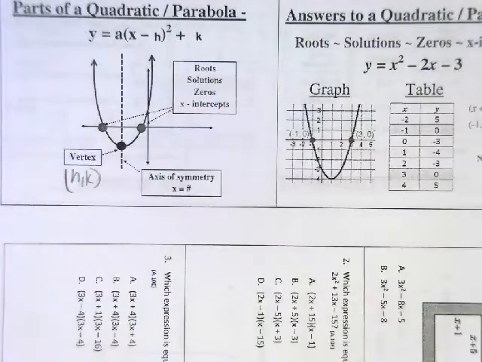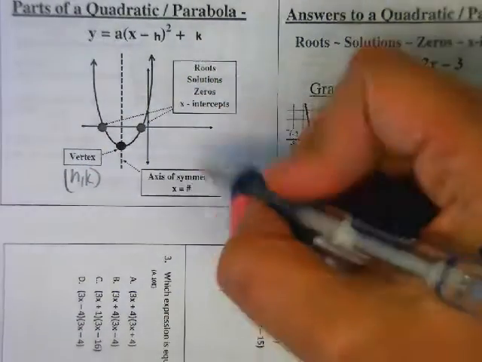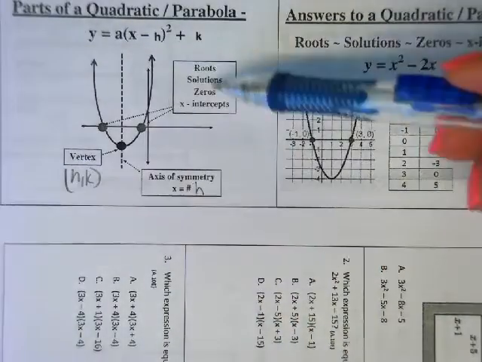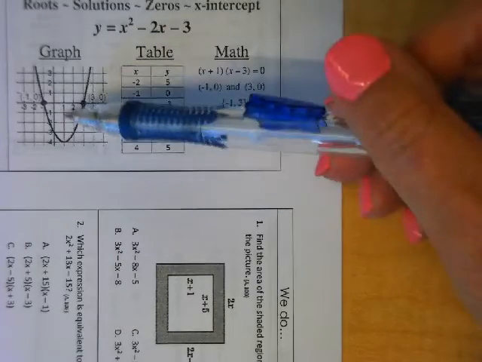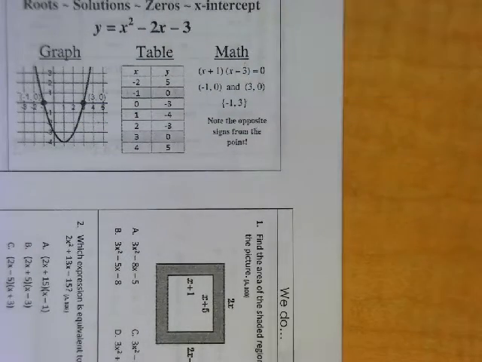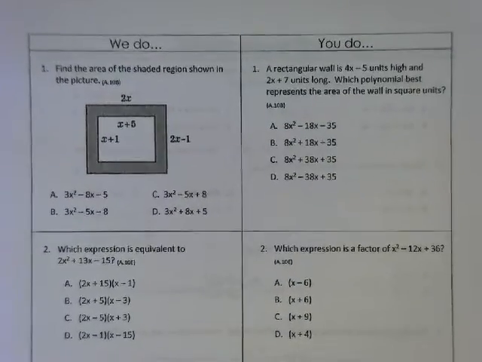That is your vertex. Remember, the axis of symmetry is that x equals h number. We talked about roots and solutions. And then here, we talked about you can graph, you can look in a table, you can do the math and set your factors equal to 0. So let's look at a little bit of quadratics here. Your favorite.